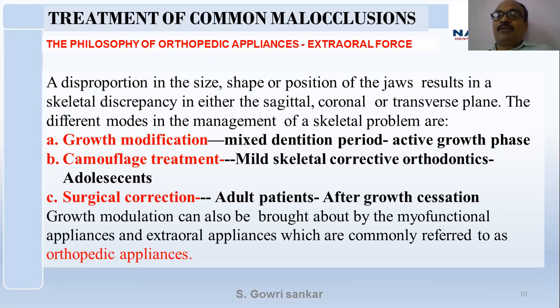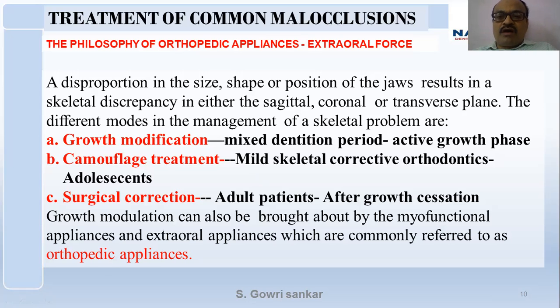So, depending upon the age of the patient, the disproportion in size and shape of the jaws can be corrected in sagittal, coronal, and transverse modes by growth modification, usually taken up during the active phase of growth. Next comes camouflage treatment. This is done for mild skeletal corrective orthodontics in adults. So here, though there is a borderline indication for surgery, we are not going to surgery.